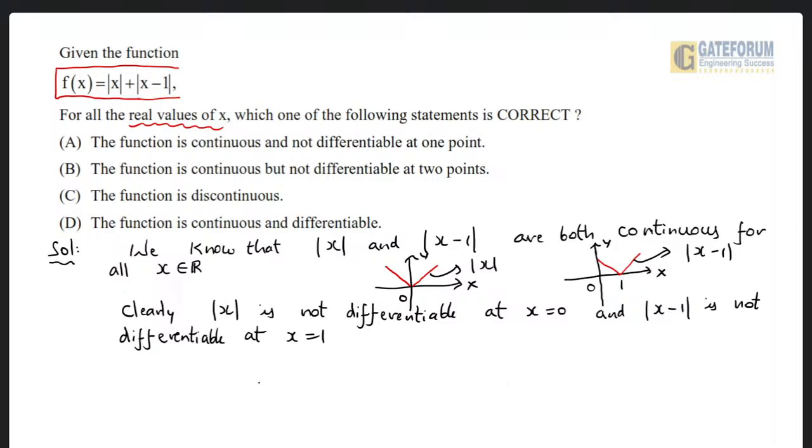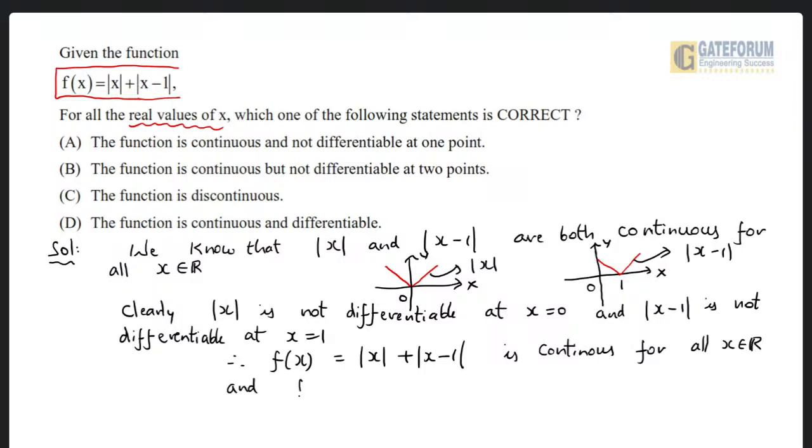So therefore, f of x is equal to mod x plus mod x minus 1. When two functions are continuous, their sum is also continuous, so f is continuous for all real values of x, which can also be written as x belongs to R.